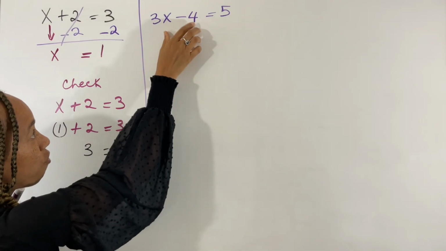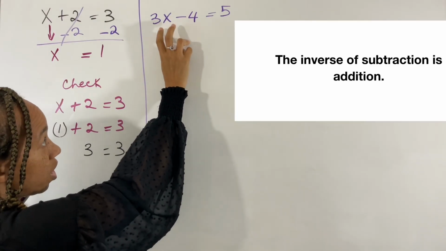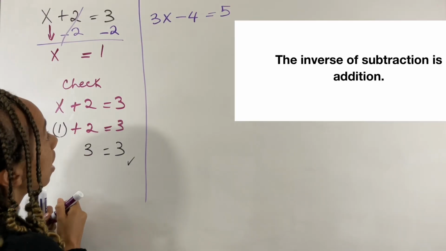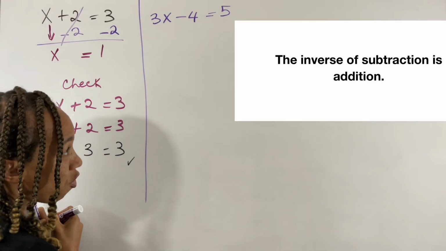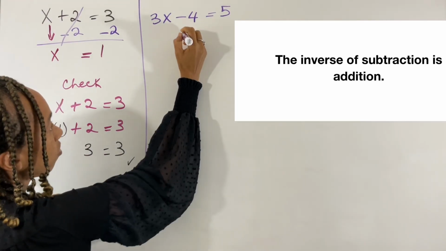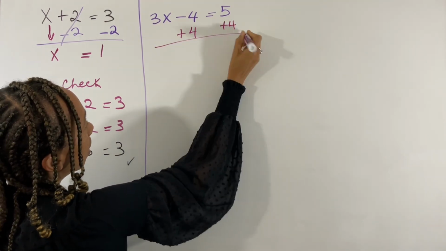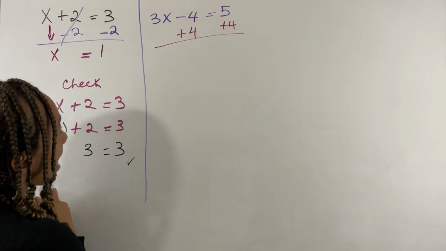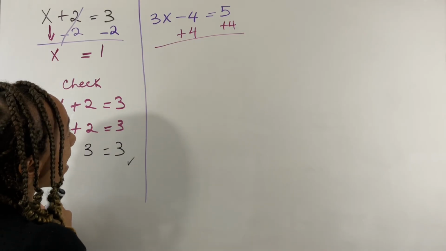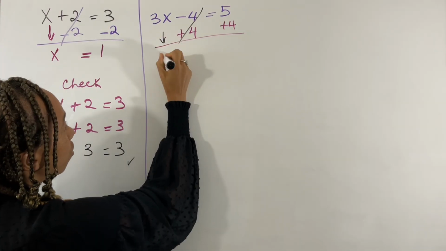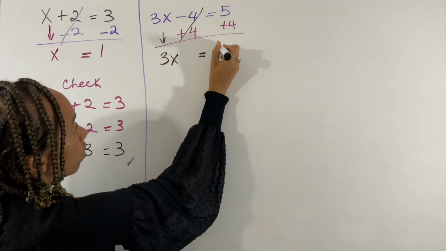We are going to get rid of what is added or subtracted onto the variable. The inverse of negative 4 is positive 4, so we have positive 4 and we must do it on both sides. Once you line it up like that, you can cancel that out and bring down your 3x is equal to 9.